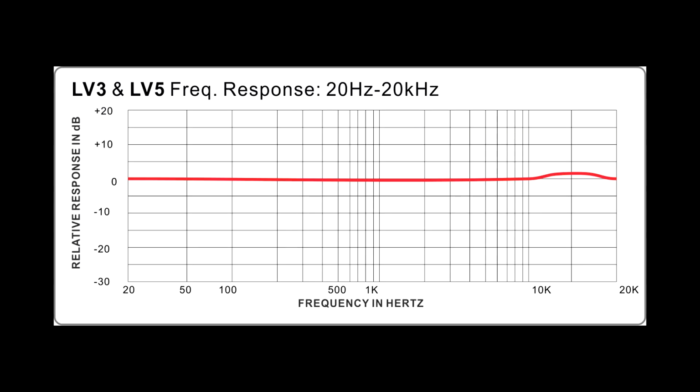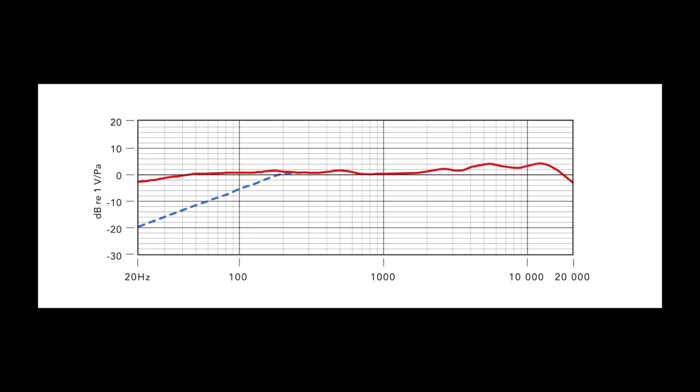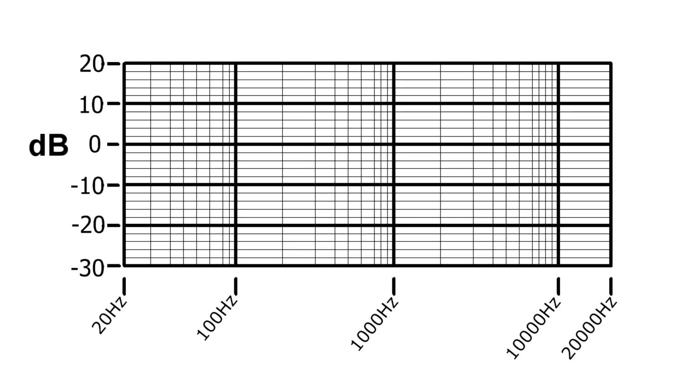A microphone's frequency response chart is a graphic representation of how well it responds across low and high frequencies, usually between 20 Hz and 20,000 Hz. This is the approximate range of human hearing. The vertical row on the left reads in decibels.